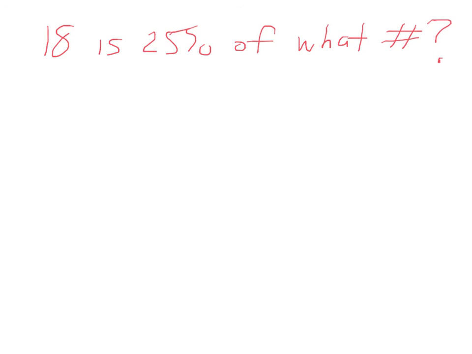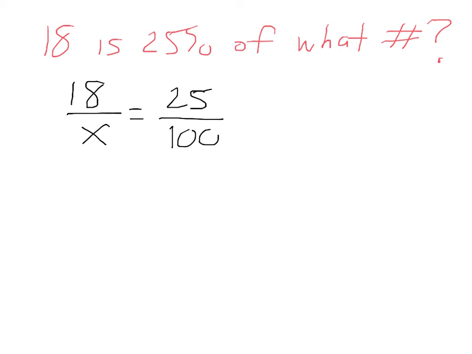If you did it correctly, what does your full proportion look like? Who could tell me the proportion they used? 18 over x equals 25 over 100. That would be perfect. Because 100 is there, a percent is 25. There is no number after of, and the only number left is 18. So absolutely correct. 18 over x equals 25 over 100.